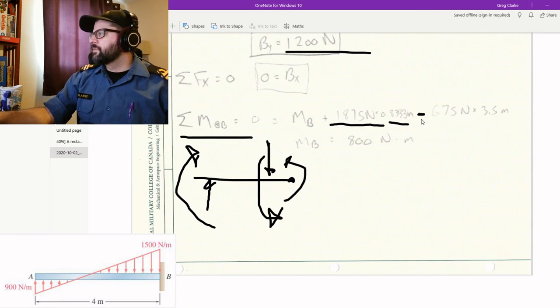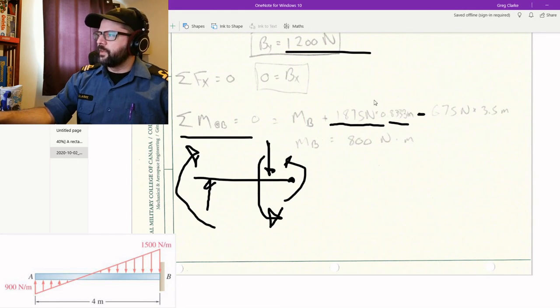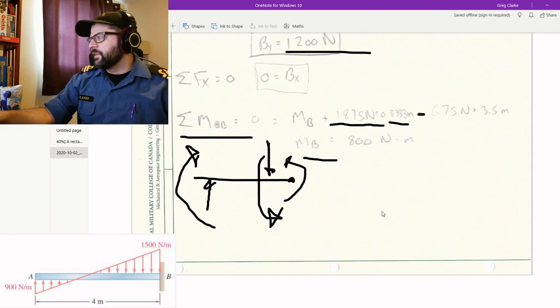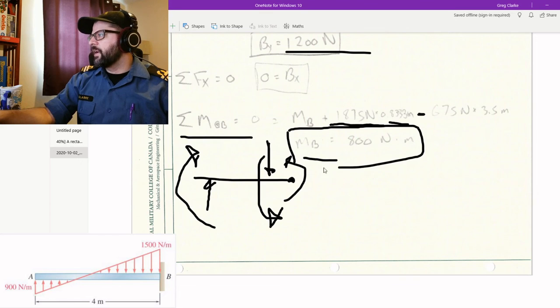So this times that, move it over to the other side, subtract this. That gives us 800 newton meters once we do the math for our reaction. So there's the last of our reactions.